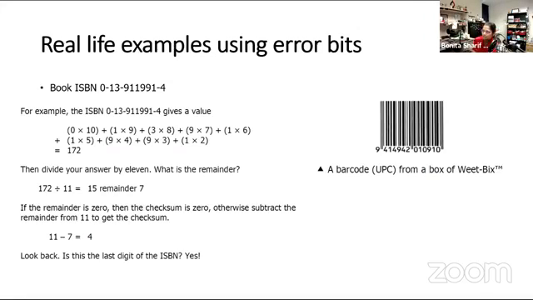The formula they use here is they take the first number, multiply by 10, plus the second number, multiply by 9, third number, multiply by 8, and so on until you get to that 1. You take that sum and divide it by 11, and then take the remainder. If that remainder is 0, then this number should be 0. If it's not 0, then it has to be 11 minus that remainder. In this case, it's 4, and so we have 4 here. This is how you determine whether your ISBN is transmitted correctly or not.